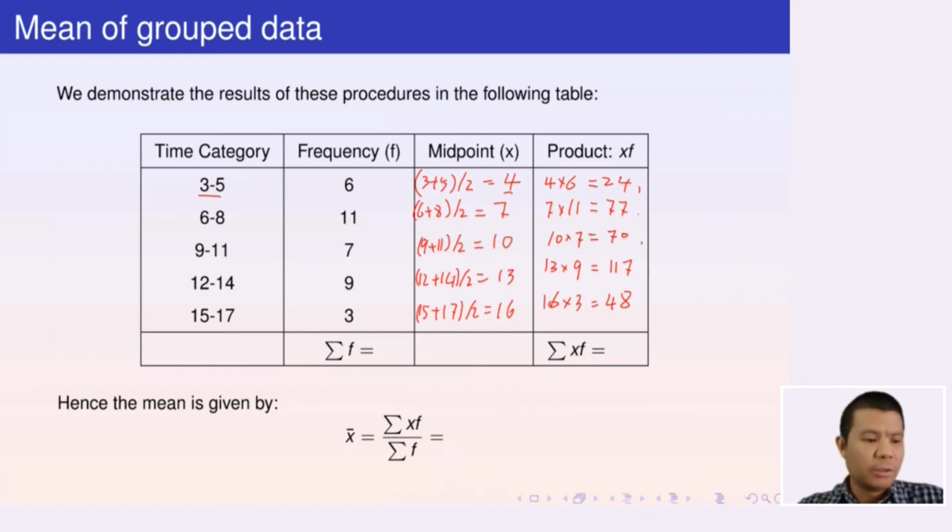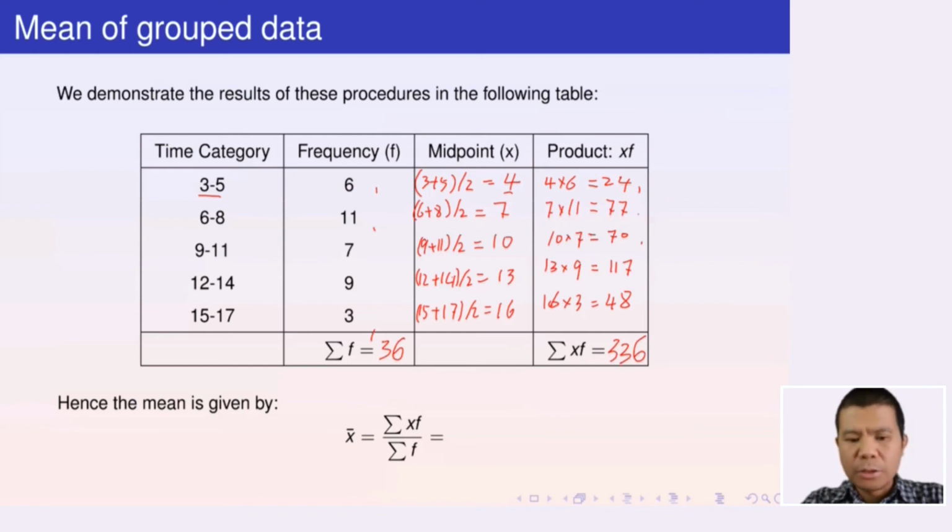I got 336. Then for the frequencies, you add up all these frequencies: 6 plus 11 plus 7 plus 9 plus 3. We got 36. So therefore the mean is what?